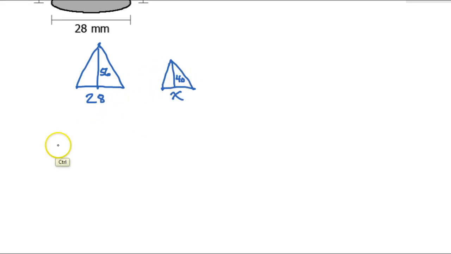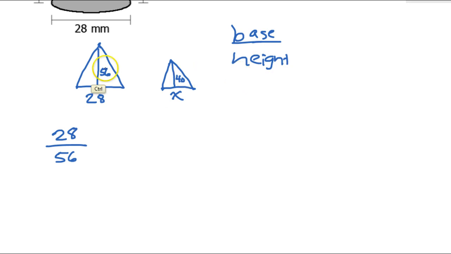So in other words, say I made a fraction of the base over the height. So base over height for the big triangle should equal base over height for the small triangle. All right?